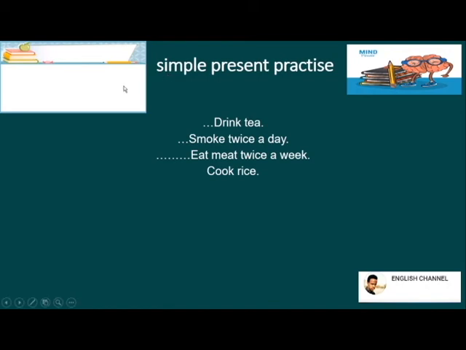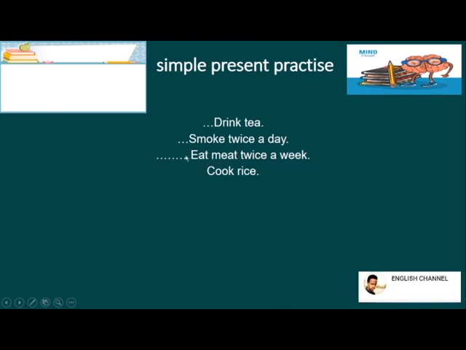So we finish this lecture. Please practice this. I give you the verb, and also the object is given. Also some adverbs, I added some adverbs like "twice a day".